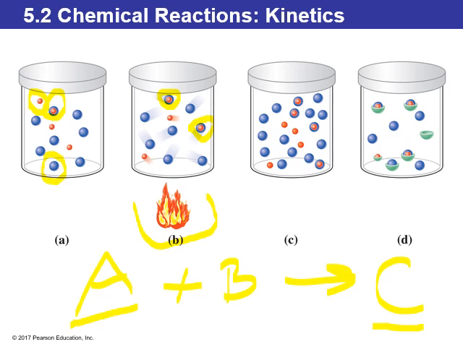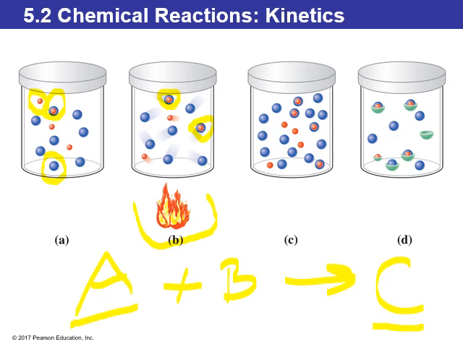So there are more of the blue spheres for the red spheres to bump into, and the rate at which they bump into each other in the right orientation has gone up. So we can increase the temperature to speed up how often they bump into each other in the right orientation, or we can increase the concentration of one of the reactants, the guys that we're starting with.